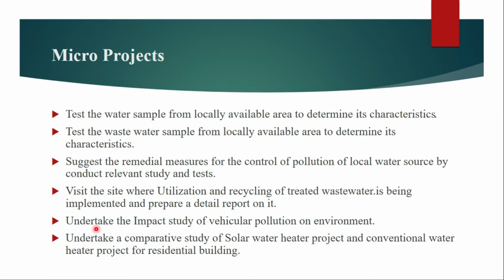Then next, undertake the impact study of vehicular pollution on environment. And the last one is to undertake a comparative study of solar water heater project and a conventional water heater project for residential building. From this, you have to make a group of 3 students and prepare a detailed report on it.